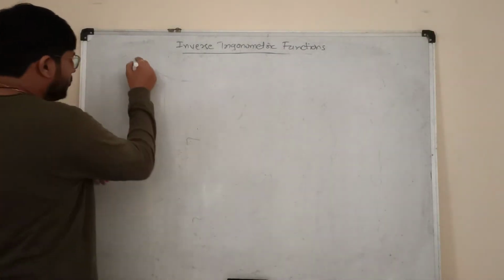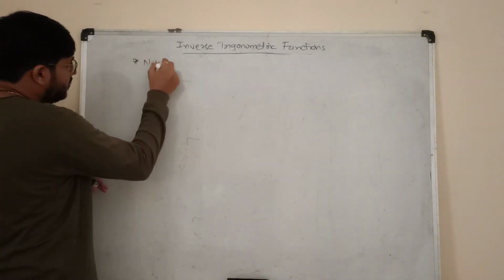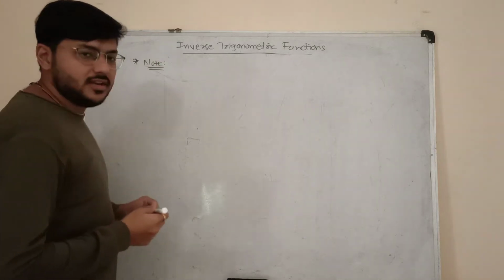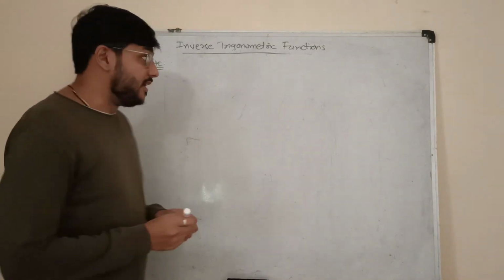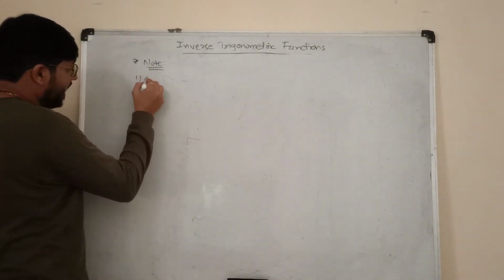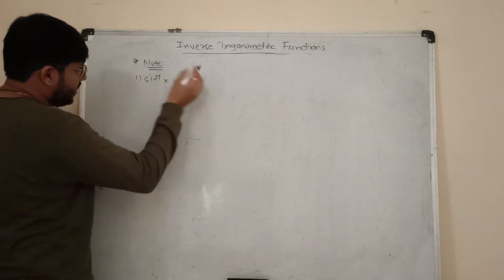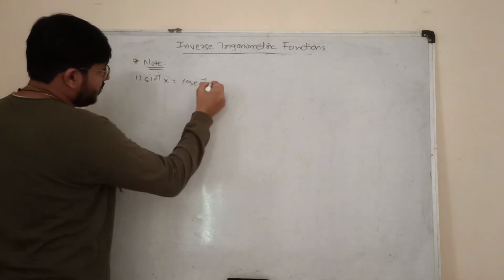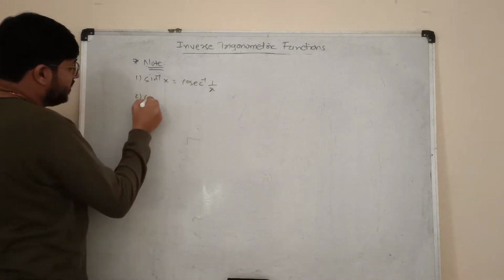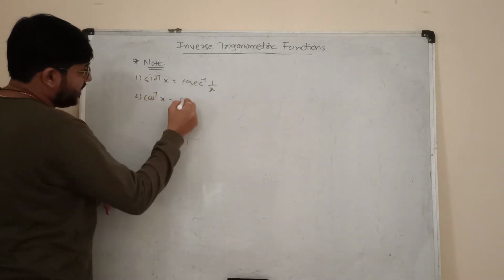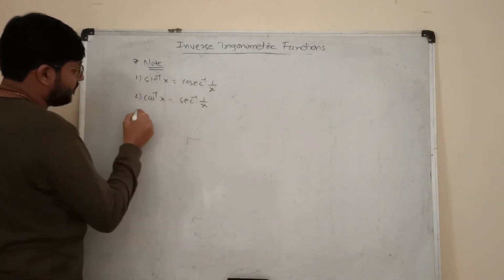Next point. In the next note we have to discuss the reciprocal values. What if I have sine inverse of x? I can convert sine inverse of x as cosec inverse of 1 by x. If I have cos inverse of x, I can convert it into sec inverse of 1 by x.